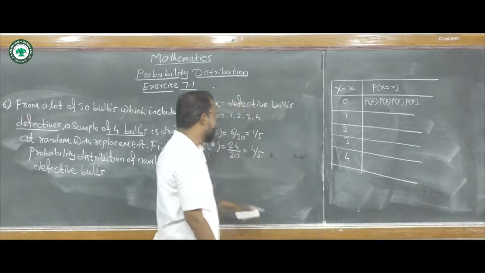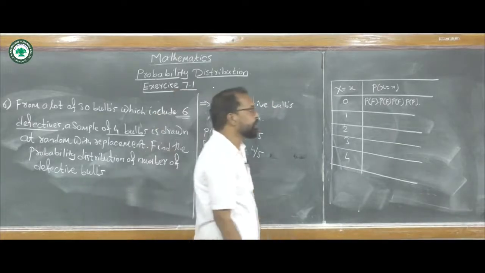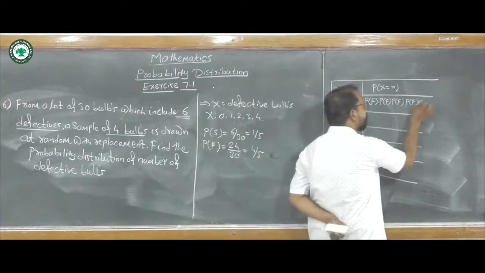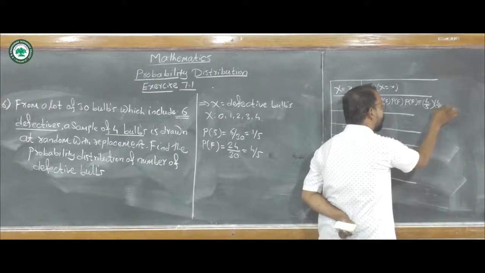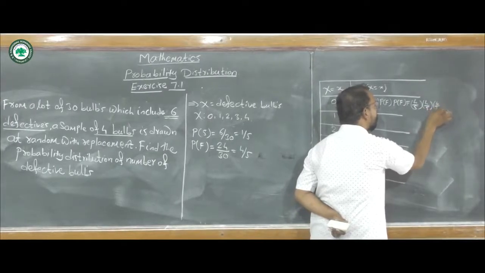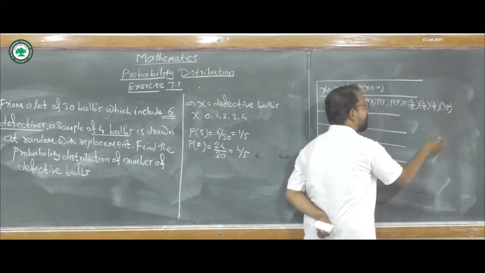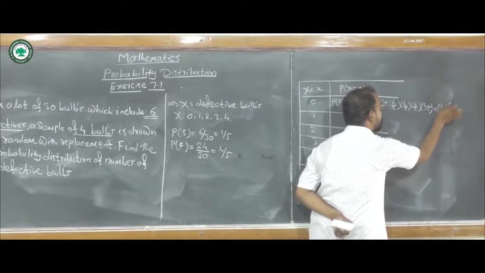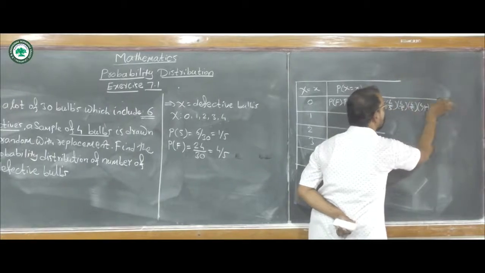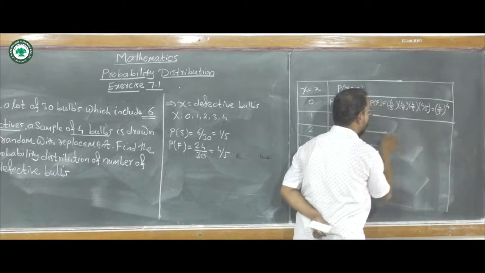And we know that the probability of failure is 4 upon 5. So it gives 4 upon 5 into 4 upon 5 into 4 upon 5 into 4 upon 5, which can be written as 4 upon 5 raised to 4.